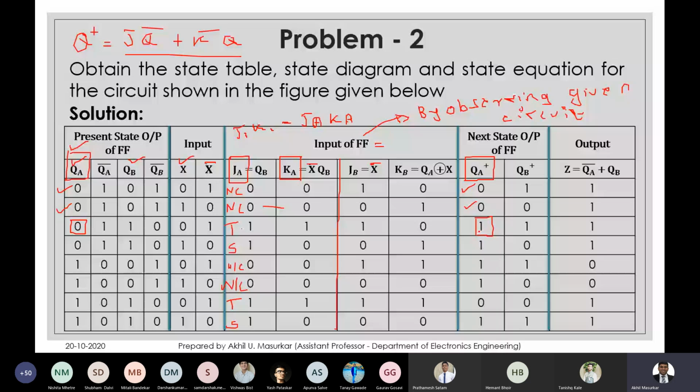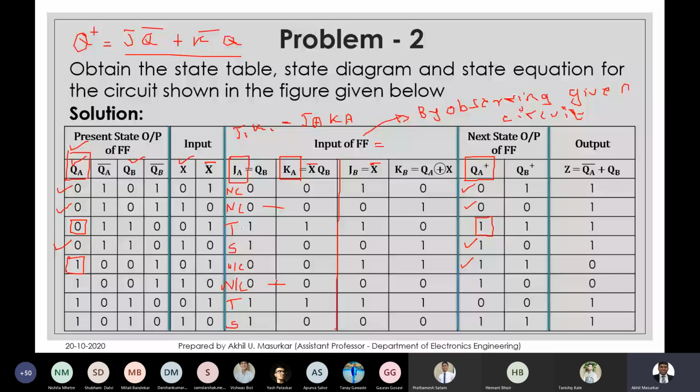Then after that, if you see 1 0, this is going to be set. Set means what? The output should be 1. No change, again 0 0. So if it is 1, again no change here, it will remain 1. Again next JK is 0 0, that is no change. So the present state output is 1.